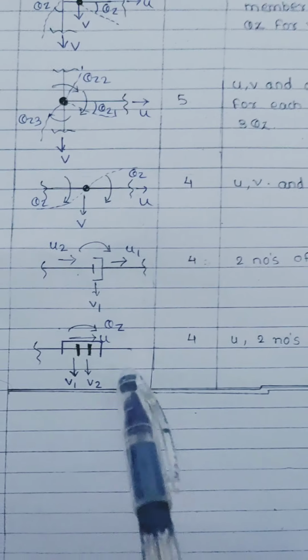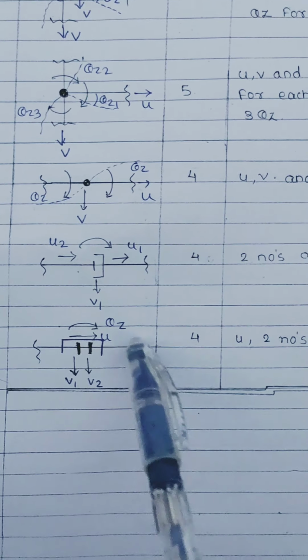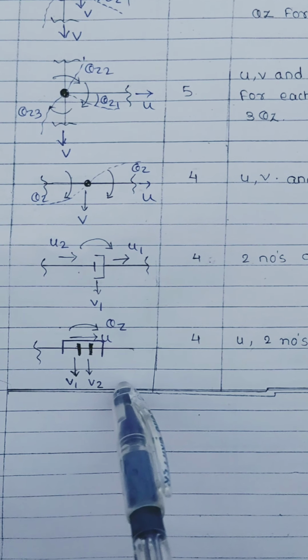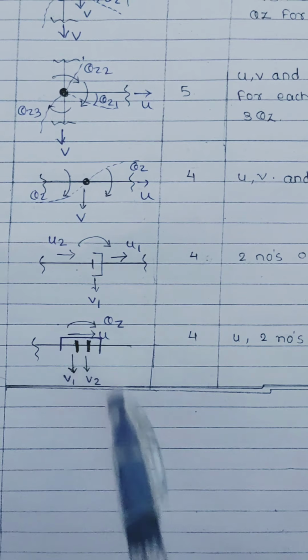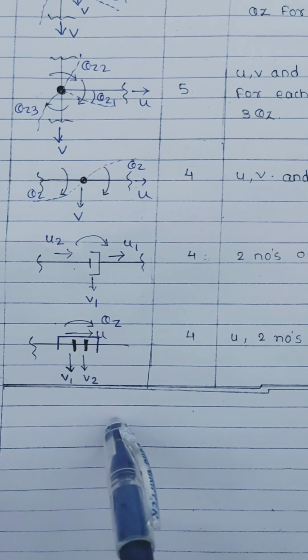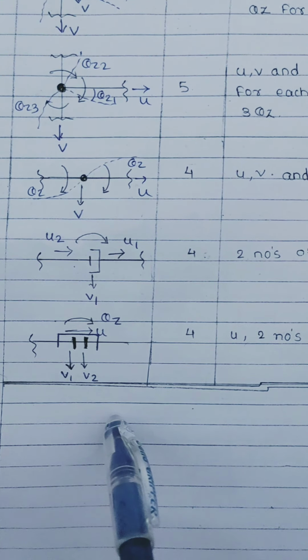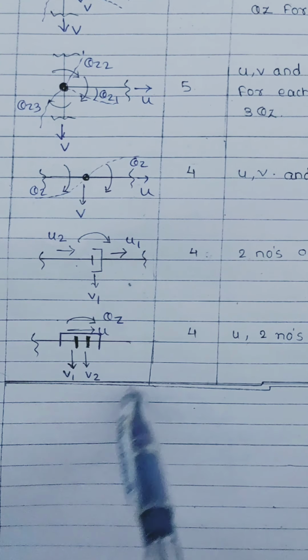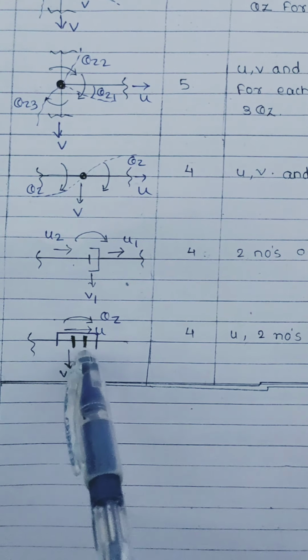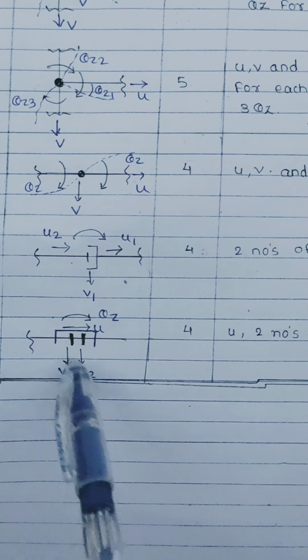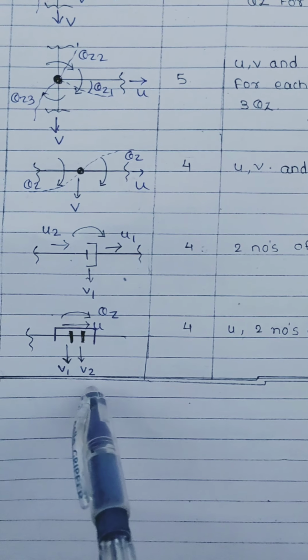Then this last diagram shows the vertical release support, but there are two number of vertical release supports. Hence, for this particular support, two number of vertical release means V1 and V2.